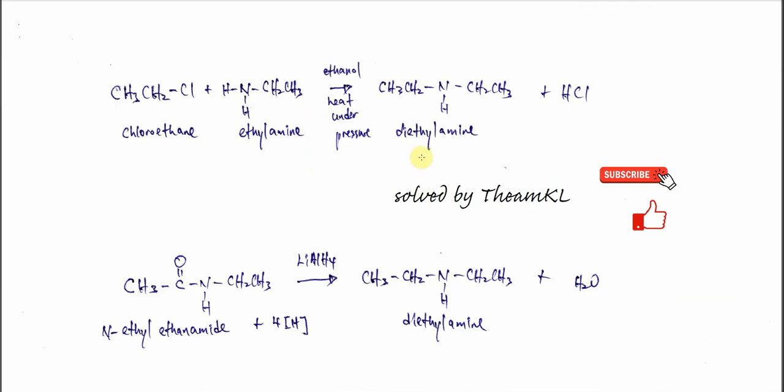In order to form the diethylamine, because it's two ethyl groups, for the first method we must make sure the compound contains an ethyl group. So the halogenoalkane, we need to use chloroethane, because in chloroethane there is an ethyl group.